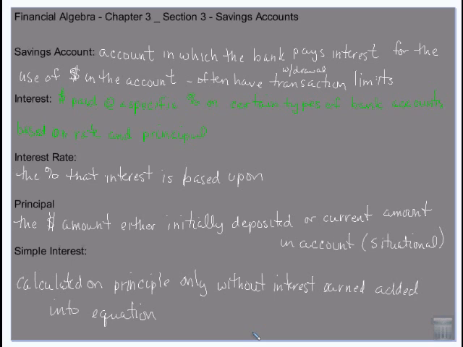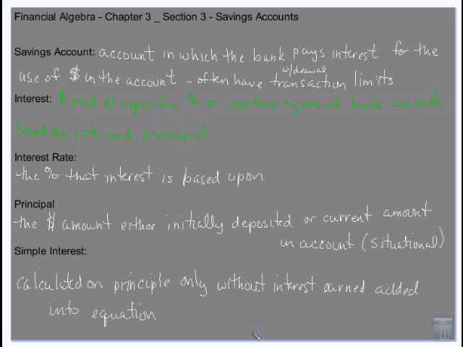Interest is the money they pay you. We talked about that with checking accounts, and it's based on the rate and the principal. The rate is the percentage, and the principal is the amount you initially deposit into the account or the current balance including new deposits, depending on what kind of problem you're talking about.